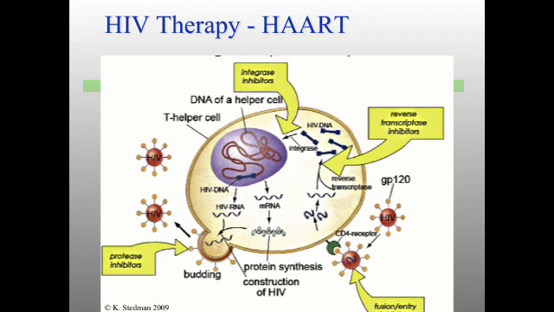It's a cocktail of multiple different drugs which first inhibit the reverse transcriptase. They inhibit the integrase. They inhibit the protease. And they inhibit fusion and entry processes. So to start with, it was 3 drugs that were mostly used, and now in some cases we also have 4 drugs which are being used.